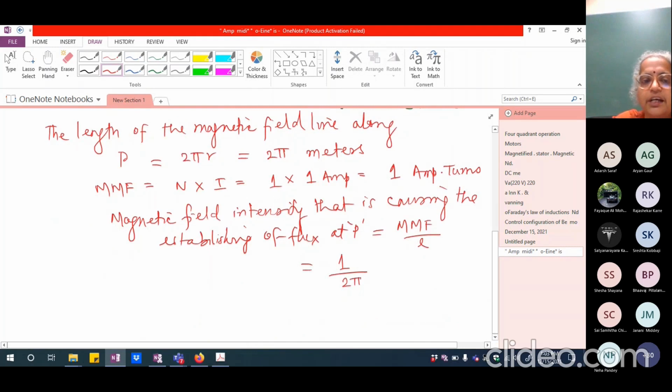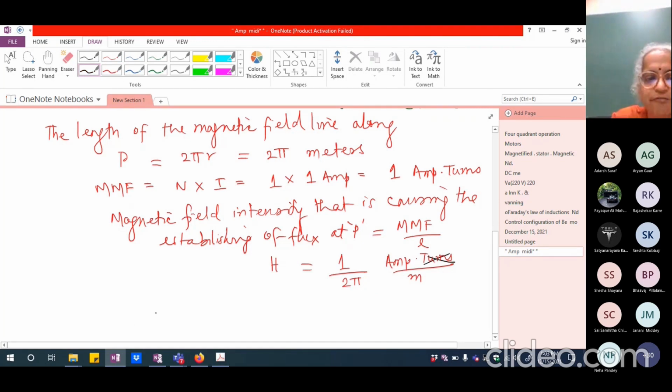So this is going to be the magnetic field intensity. Very clearly the unit is going to be ampere turns per meter. This is going to be the unit for magnetic field intensity H. And in fact, turns does not have any dimension, so I can simply remove it. It can be ampere per meter, simply.